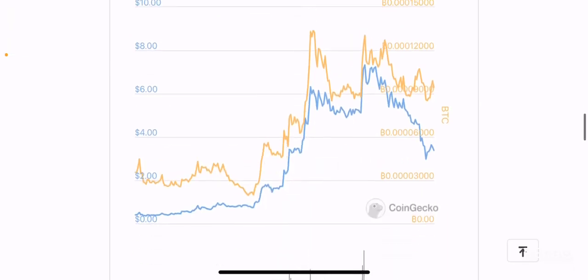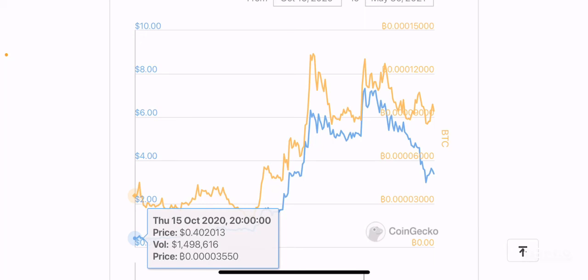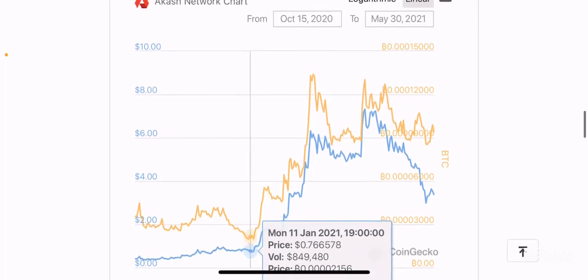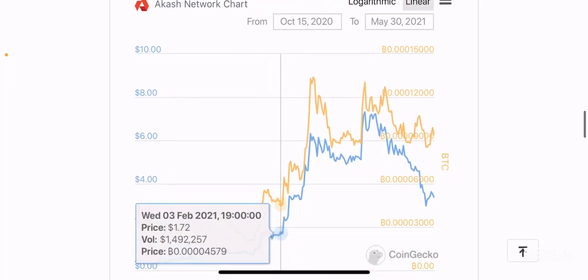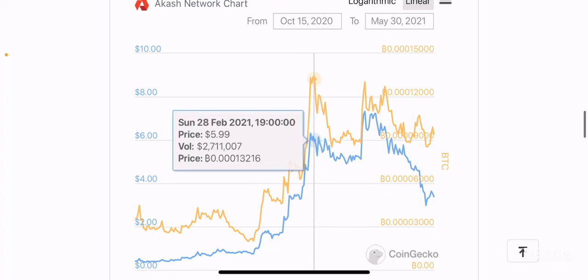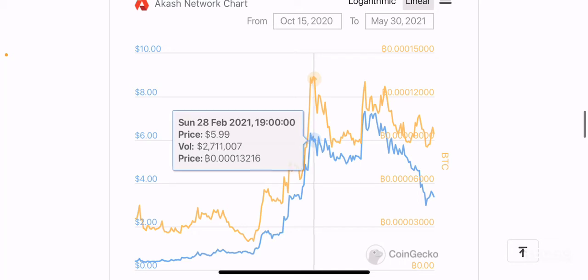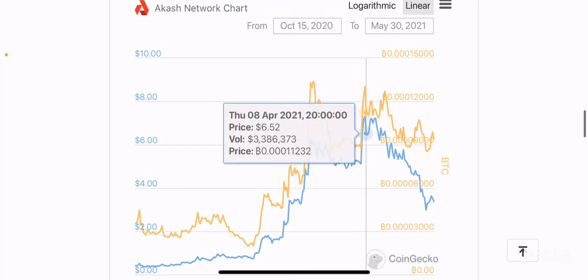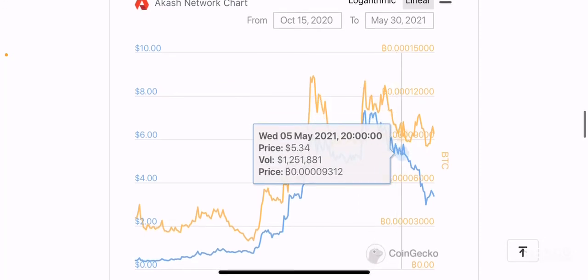So if you take the Bitcoin comparative, there's been quite a bit of volatility as well. The token was initially worth 3,500 satoshis in mid-October last year, and then it had its all-time lows of about 2,100 satoshis in early January, and then hit an all-time high of about 13,000 satoshis per token in late February, and then dumped down and spiked back up, crossing above the 12,000 satoshi range, reaching 13,000 satoshis again, and then it's been on a downtrend.